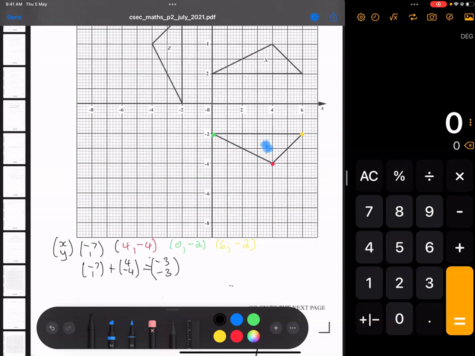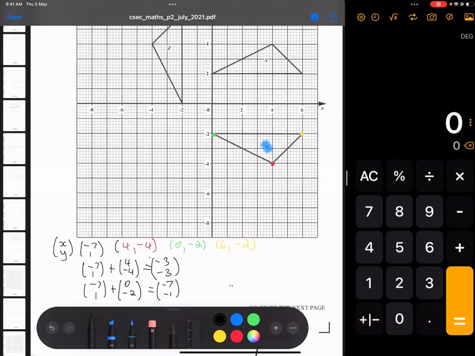That would be our new point. For the green, -7 plus 0 gives us -7, and 1 plus -2 gives us -1.